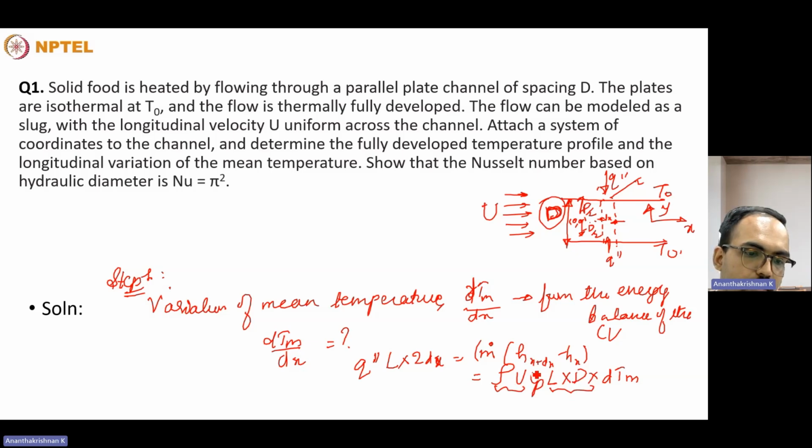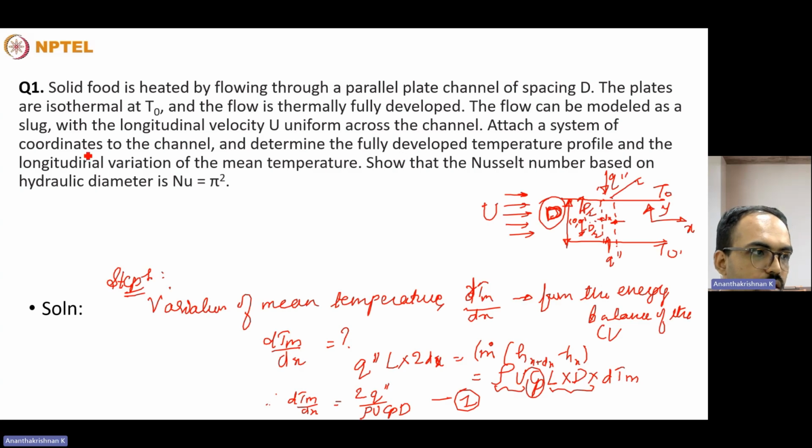So that will be the mass flow multiplied by Cp into dTm. Solving this, we get dTm by dx is equal to 2 q double dash divided by rho U Cp D. So that is the first.